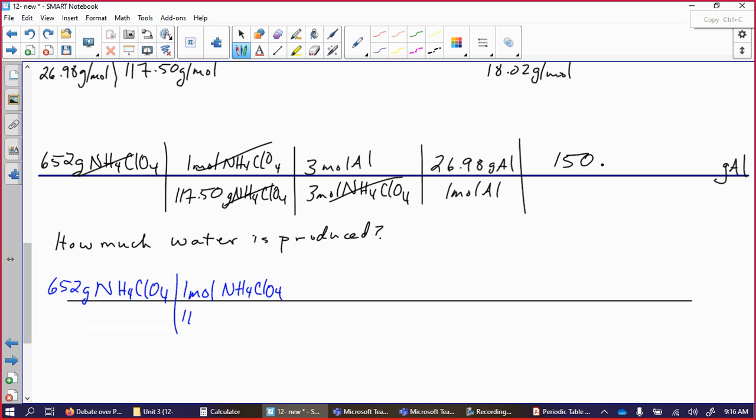The molar mass of that hasn't changed. I want to get rid of that. Well, now we want to switch this to moles of water, because I said how much water, so grams of water.